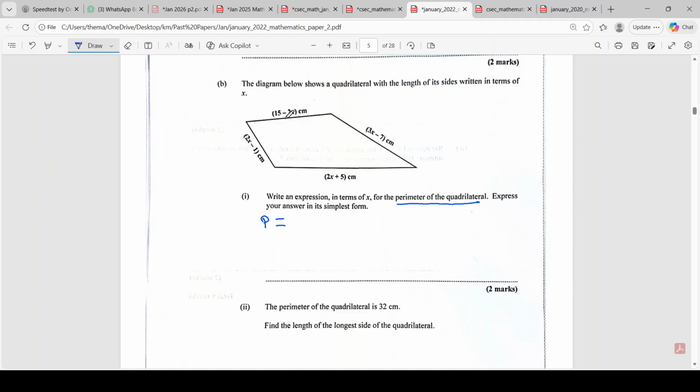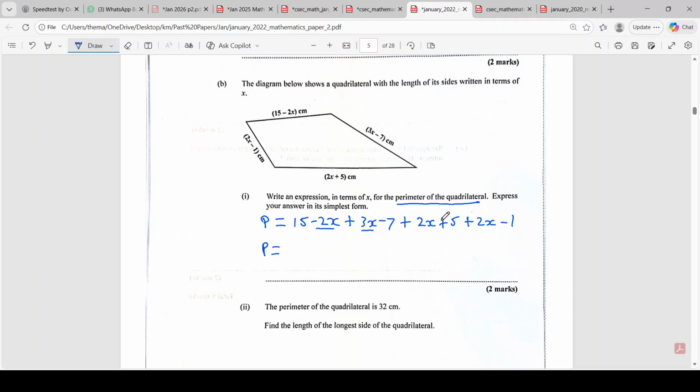So we start with 15 minus 2x plus 3x minus 7 plus 2x plus 5. So we just add in all these sides here, plus 2x take away 1. Right, so the perimeter p will equal, so what we're going to do here now is look at the like terms. So we have minus 2x plus 3x is 1x.